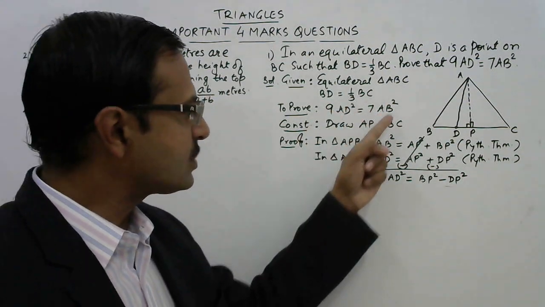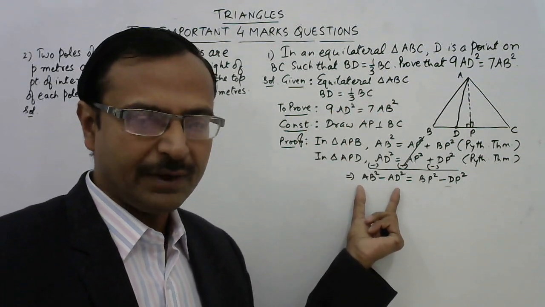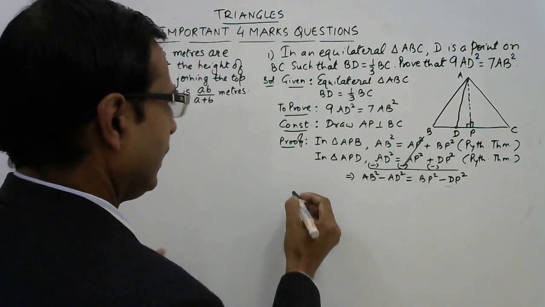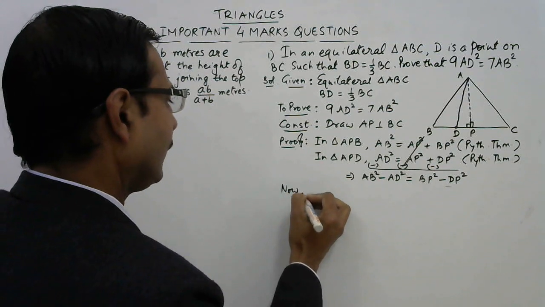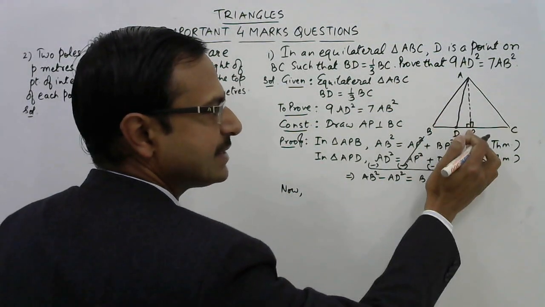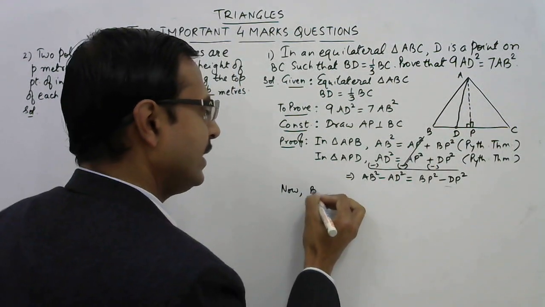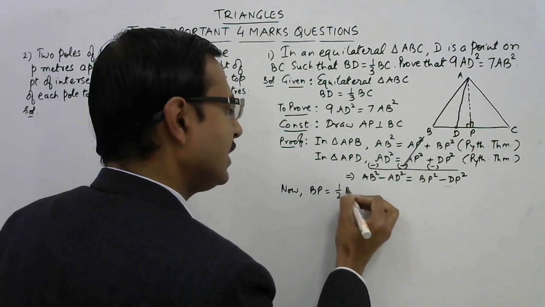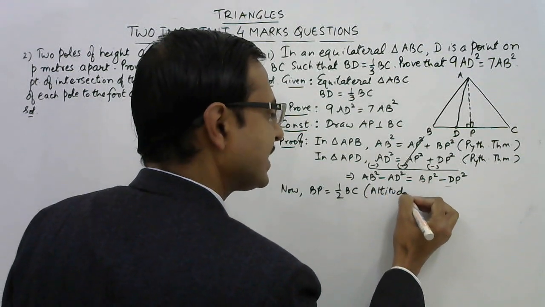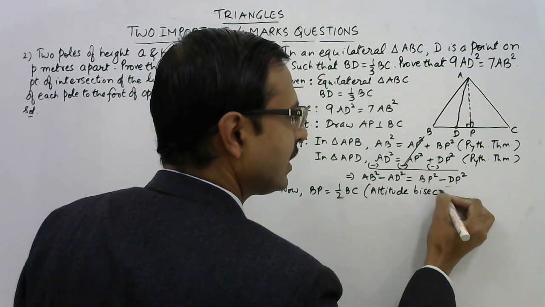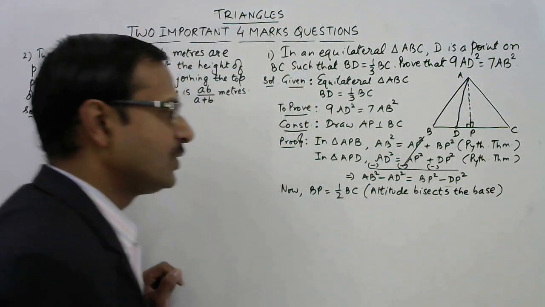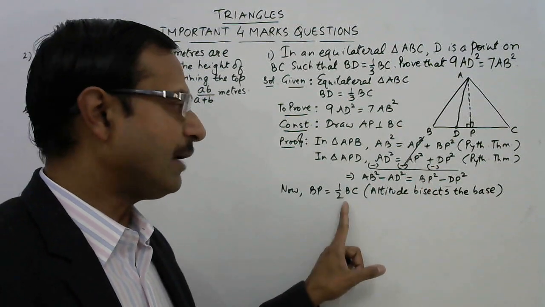Now after this, it's total manipulation, just simplification of this expression to get to the final expression. AD square and AB square we already need, so I will not touch these two. I will modify these terms. Now see, BP is half of BC. Why? Because in case of an equilateral triangle, the altitude bisects the base. So in place of BP, I can put half of BC.